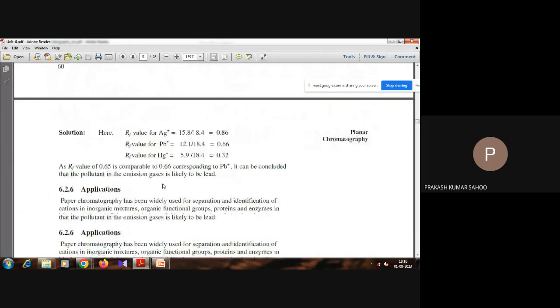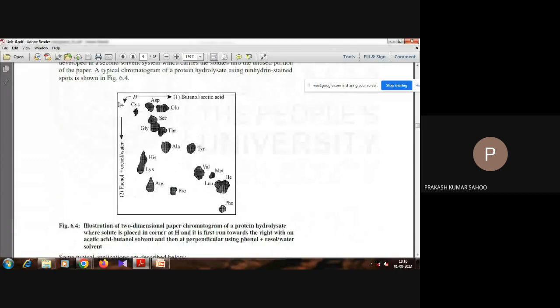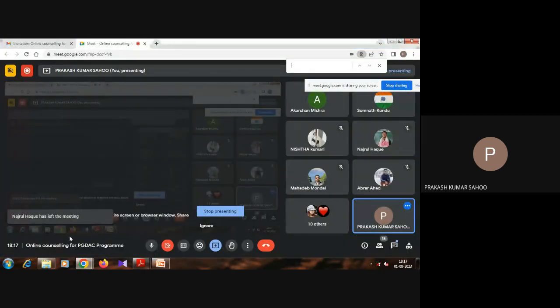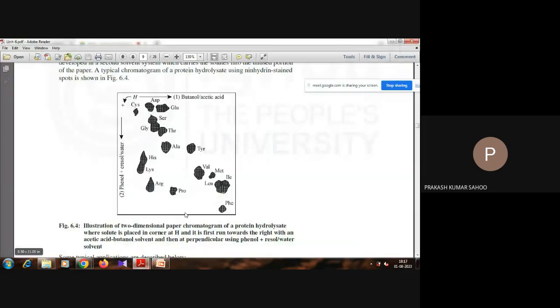In the two dimensional, we have a square paper, 30 centimeter by 30 centimeter, and we have to put this paper first horizontally and followed by vertically.